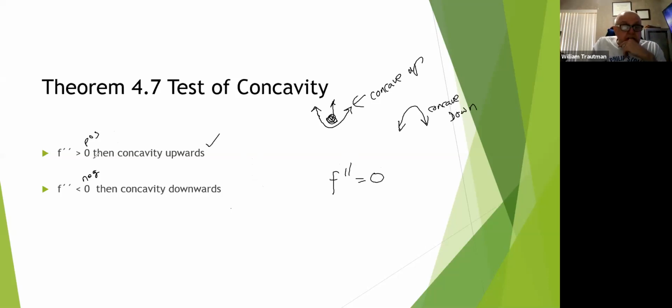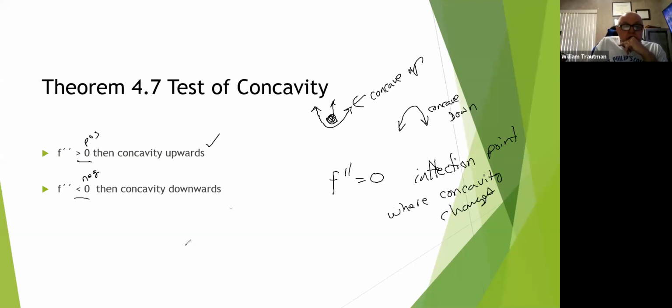If the second derivative equals 0, this is called an inflection point, and an inflection point is where concavity changes.